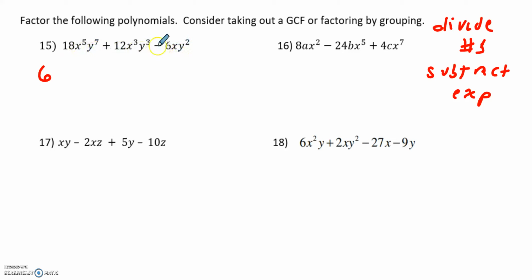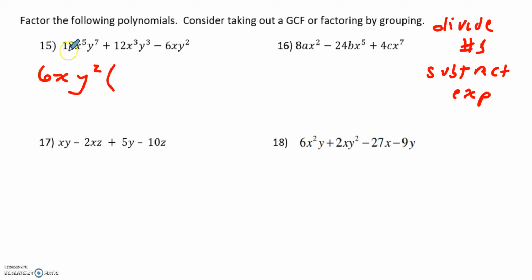Because all 3 terms have an x, I'm allowed to take an x out, and I'm only allowed to take x to the 1st out because that's the lowest exponent that I see. I can't take 5 x's out because I don't have 5 x's in the other terms. If I look at the y's, I have y to the 7th, y to the 3rd, and y squared. I want to take out the smallest exponent, y squared, then put in the parentheses what's left over.